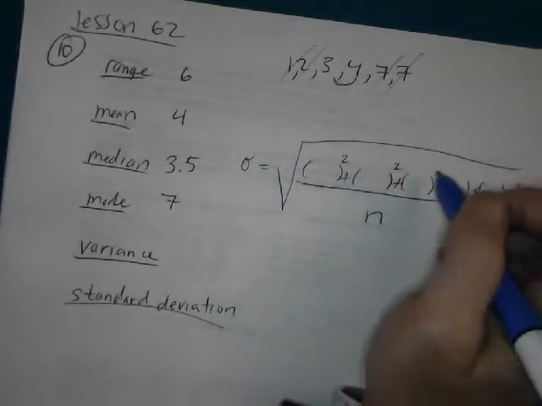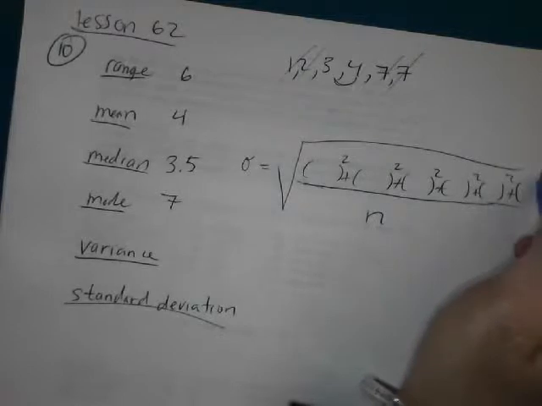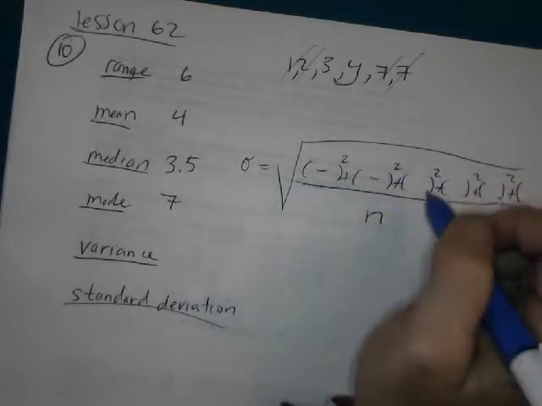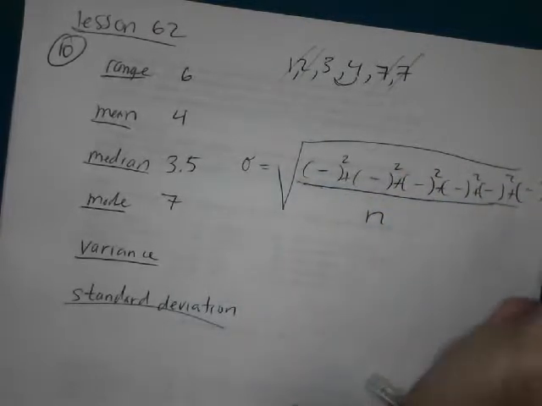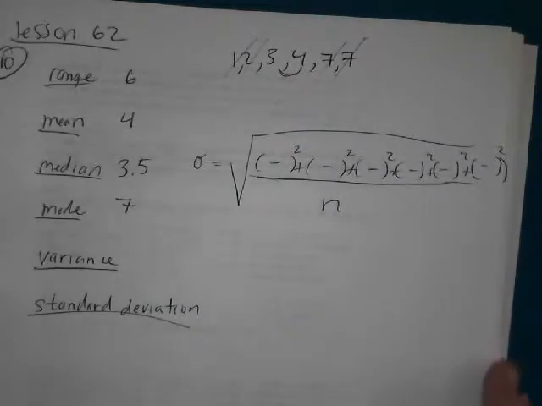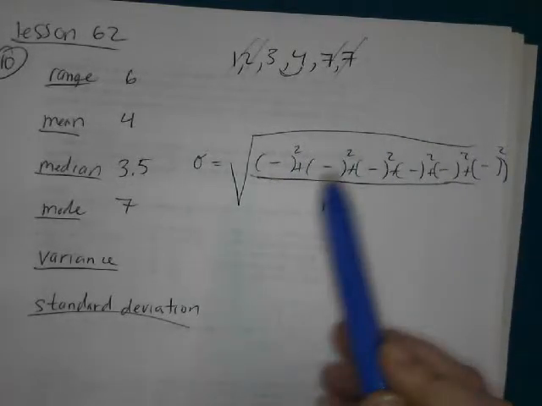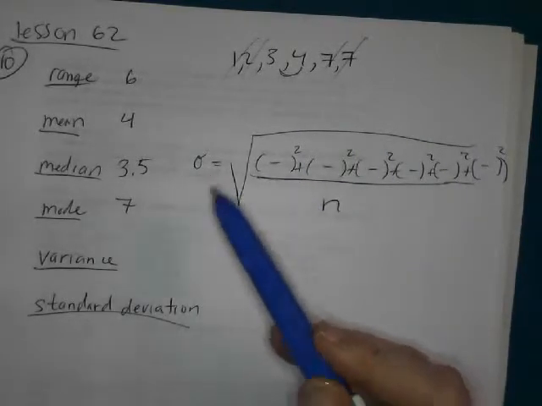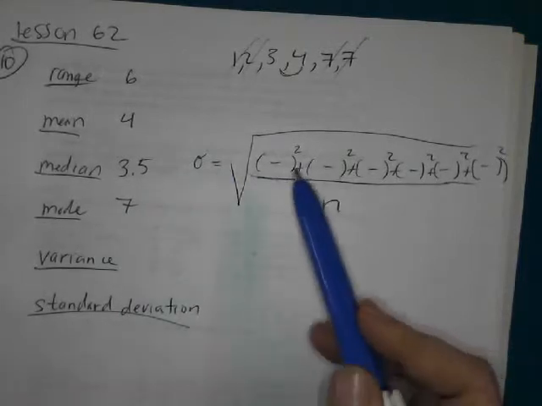There's going to be some squaring going on here, and there's going to be some subtraction going on. Okay, so this is just kind of the procedure that you do to find standard deviation. And this will also give you variance, because what's under the radicand is your variance, and then the square root of that is your standard deviation.